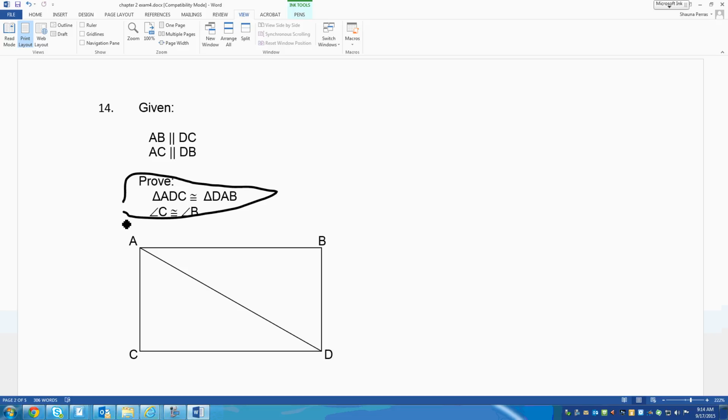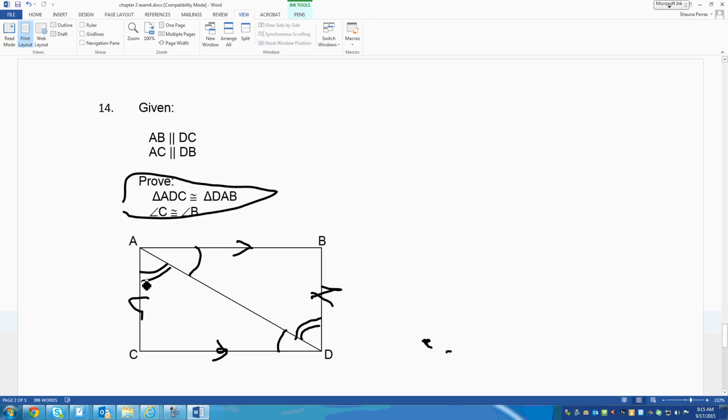And so that's what happened here, right? These lines were parallel, so this was parallel with this one. So this is a transversal, so this angle equaled that angle because of alternate interior angles. Same thing, this line was parallel with that line. So then you had alternate interior angles here, right?